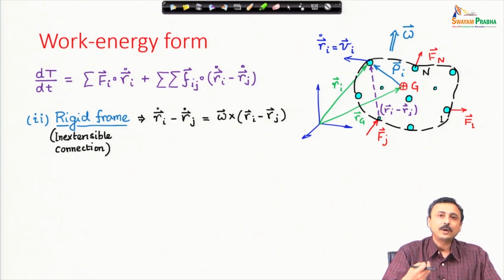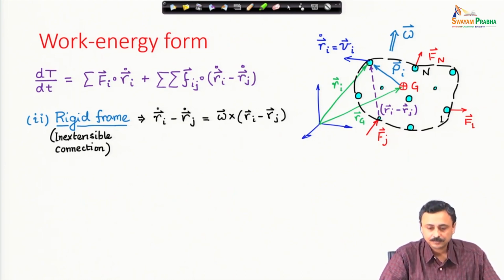It is like these two particles are on the two ends of a rigid connection, or it is connected rigidly. So, this whole rigid connection has a single omega, and r I dot minus r j dot is omega cross the relative vector r I minus r j, and this was discussed extensively under kinematics.